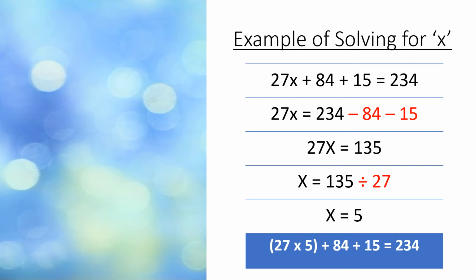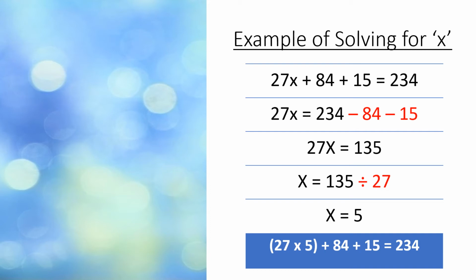We begin by moving all the numbers on the left-hand side of the equation that are independent of x to the right-hand side. So the plus 84 and plus 15 on the left-hand side now become minus 84 and minus 15 on the right-hand side.